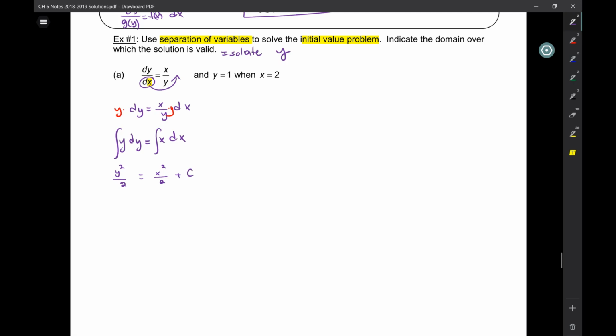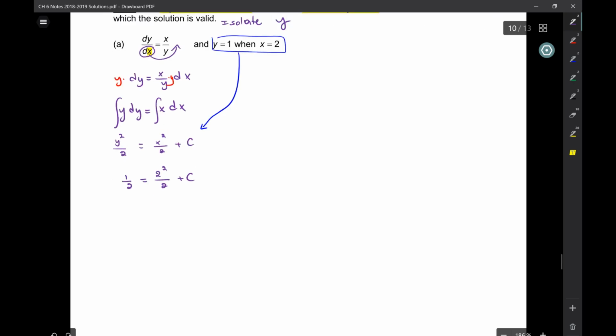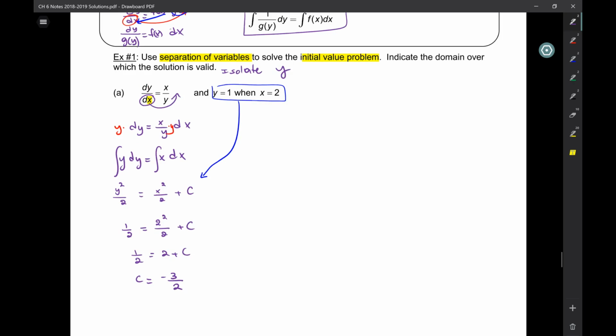And now you plug in. You plug the initial condition into here. So we get 1 over 2 equals 2 squared over 2 plus c. So 1/2 is 2 plus c, and c is negative 3 over 2.